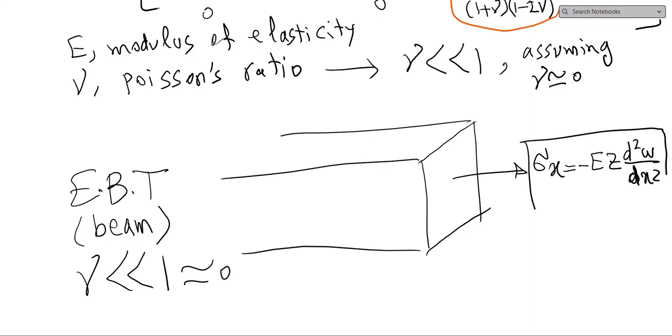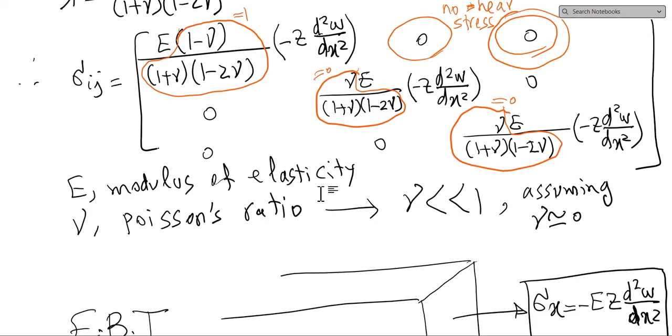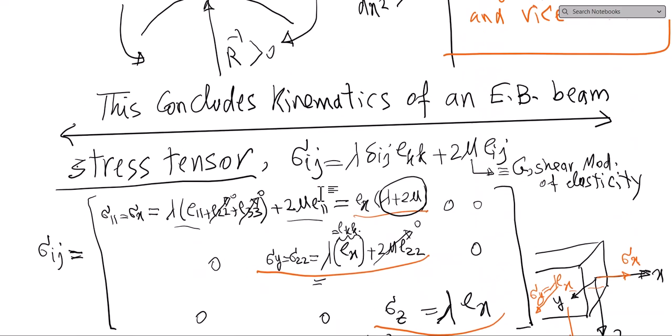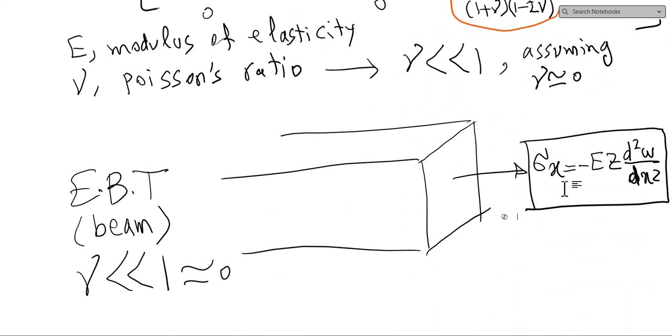So we got this relationship using our kinematics to kinetics map. Stress belongs to kinetics because it needs some material property and constitutive relation as shown here.